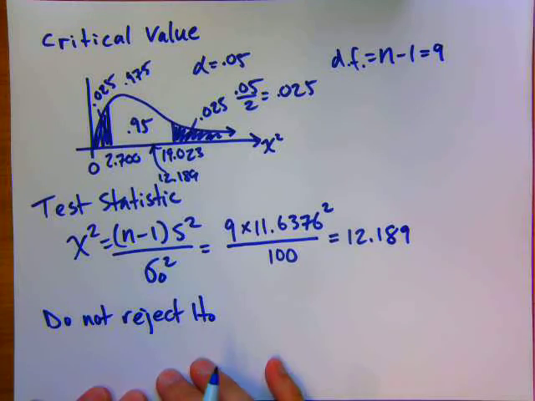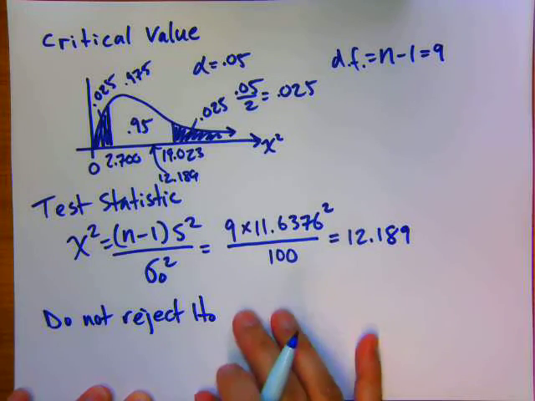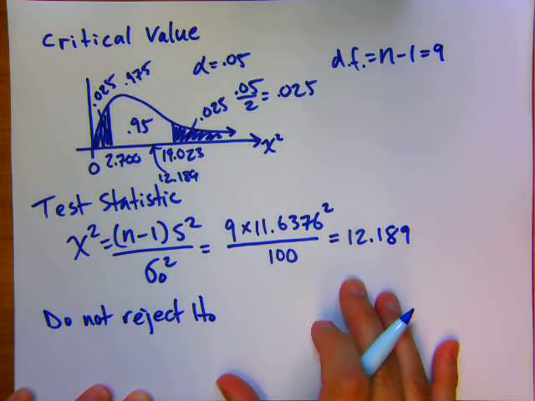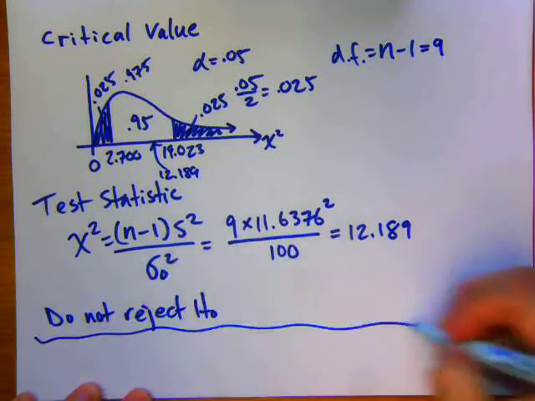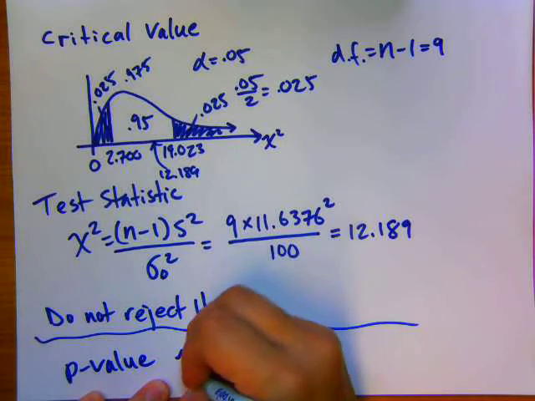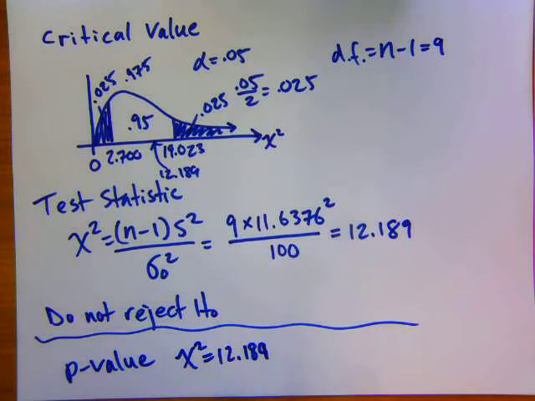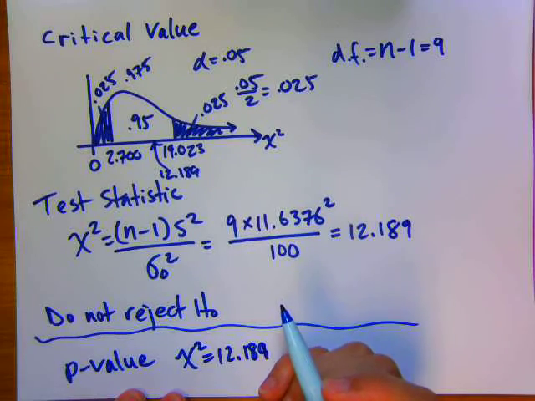Now, if I was doing this on the program to see those same results, it actually gives you a p-value method. So if you were doing it the long way for the p-value, you would first find your test statistic of 12.189. And the p-value is how much area is to the right, or bigger, to that right-hand tail times 2, because this is a 2-tailed test.